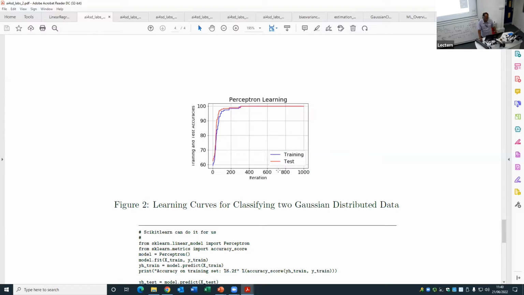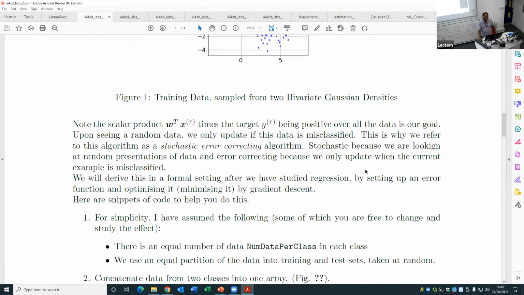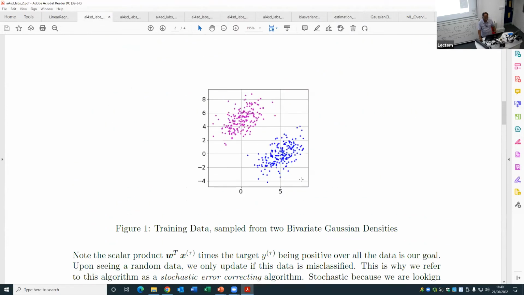So as iterations grow, the perceptron is seeing data one by one, and its overall performance on the entire data set is going up and up, and it has learned it completely, both in training and testing. That is because this particular example consists of data of this type, and this data is perfectly separable by a linear classifier.